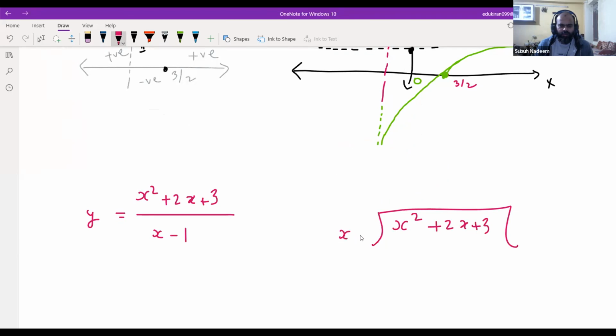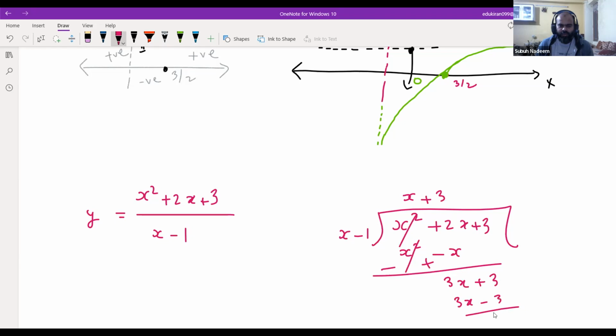It will be x times x minus 1, which gives x square minus x. Then you subtract, and this will be 3x plus 3, and then 3x minus 3, and the remainder will be 6. So the quotient here is actually giving you the oblique asymptote, that is y is equal to x plus 3.